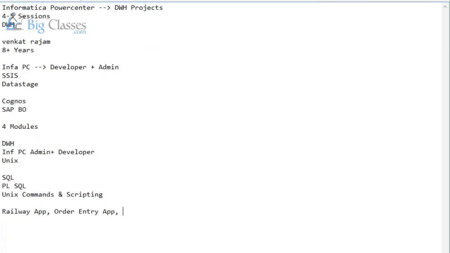Whenever you want to order some books, or you want to get some items, what will you do? You'll go for some e-commerce applications like Flipkart or Amazon.